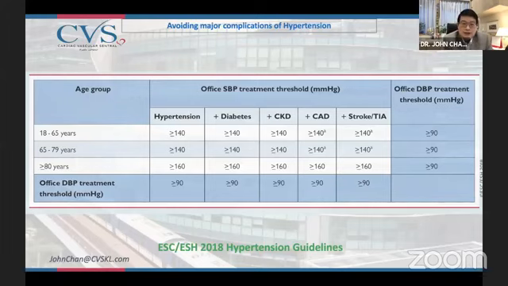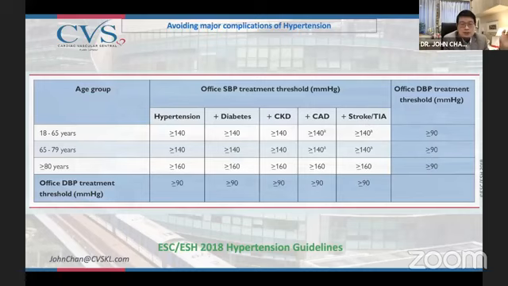But I think I will just present to you to remind you about the guidelines for hypertension control, and you can see that the threshold for intervention is generally about 140, depending on the age of the patient, and this is blood pressure measured in the clinic. Remember that when the patient comes to our outpatients clinic, generally the blood pressure is a little bit higher than when they are at home.